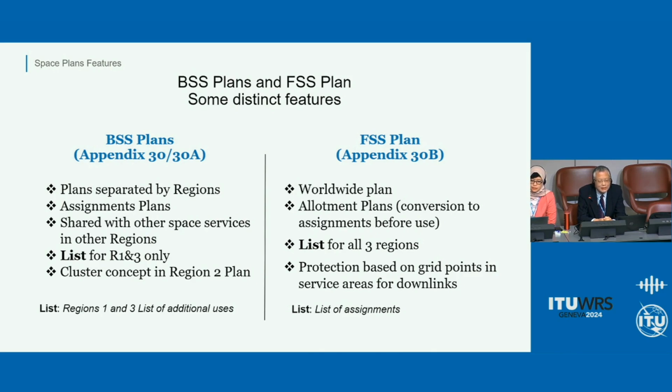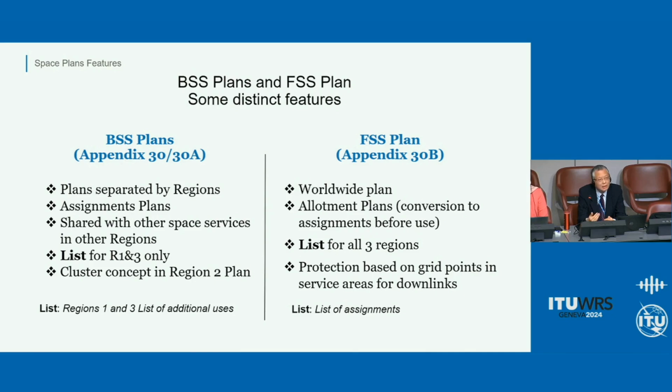Another important difference is that 30/30A is an assignment plan, and 30B is an allotment plan. Assignment is the resources to a station, so if you do not want to make any modification to the plan, you can use it directly, send the notification directly, and use it.